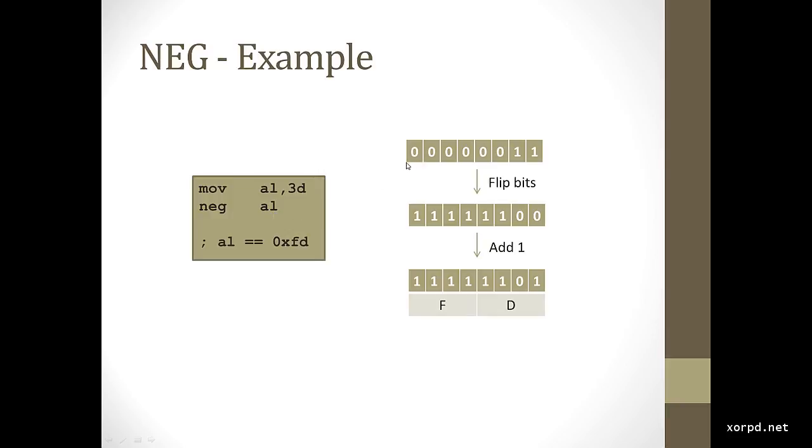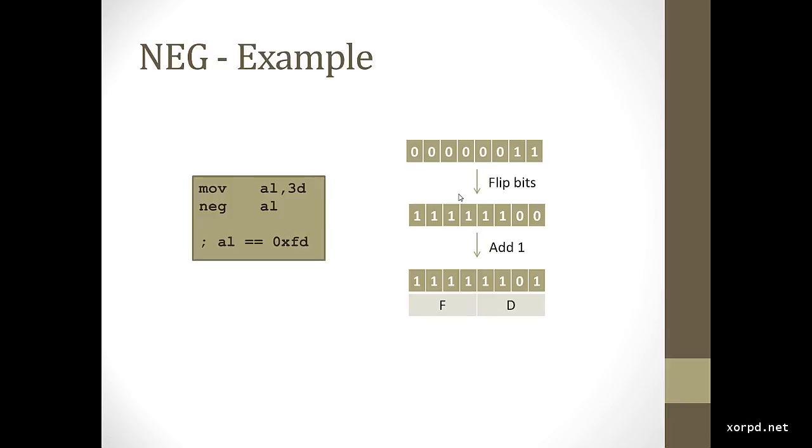Initially, AL looks like this. This is how 3 is represented in base 2. Now we do the two's complement. I remind you that we have to do two different things. First, we have to flip all the bits, which means that we turn every 0 into 1 and vice versa.